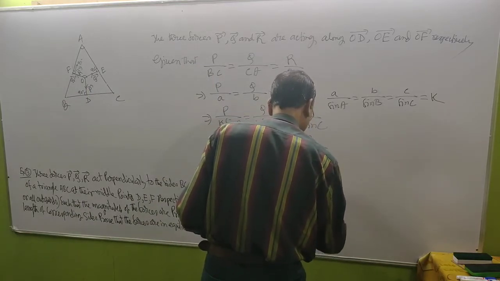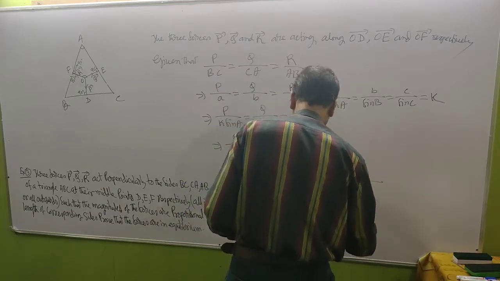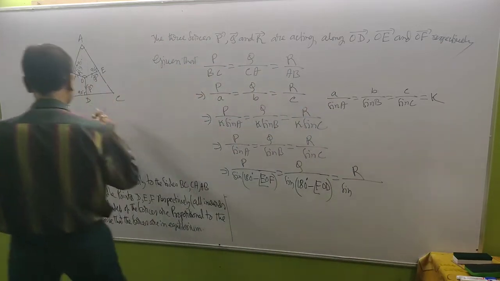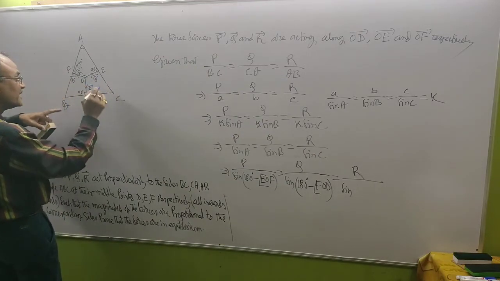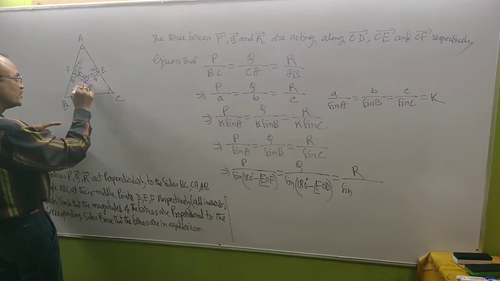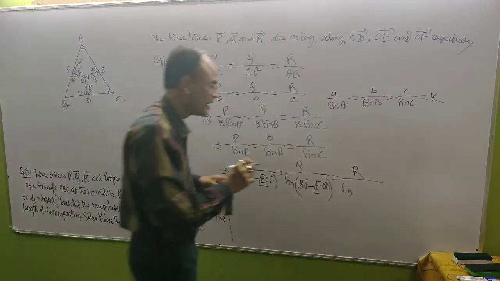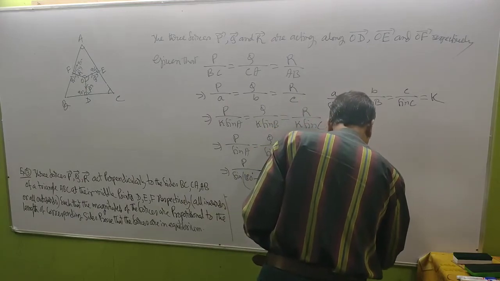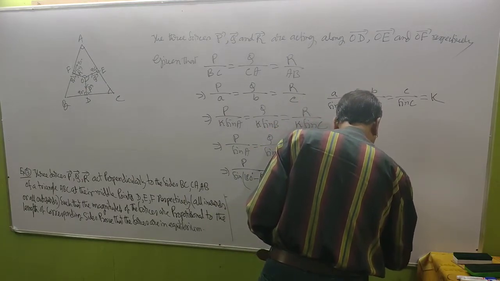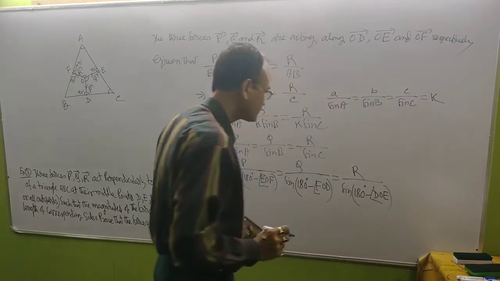FOD, this angle. This is equal to R divided by sin C. This is 90, this is 90. C plus this equal to 180 degree. What is C? 180 degree minus DOE.